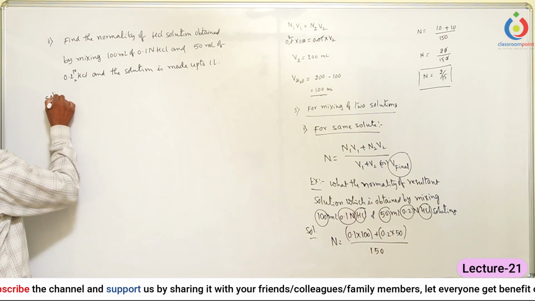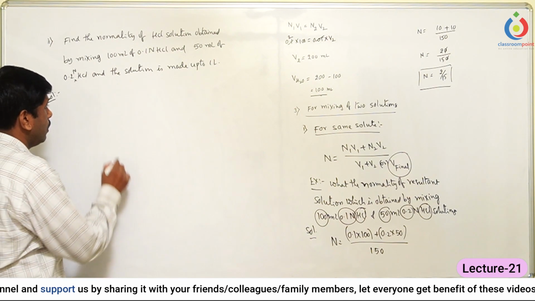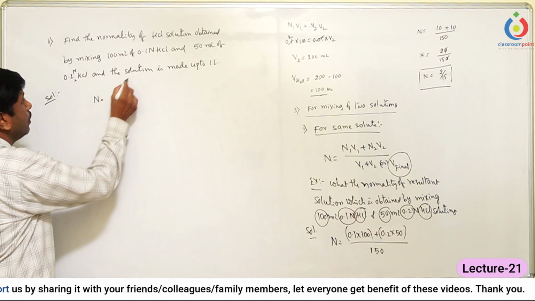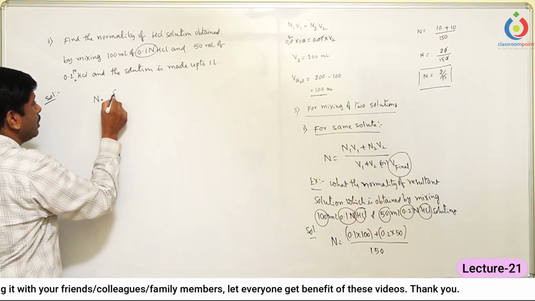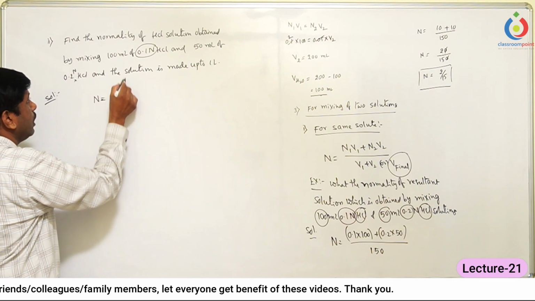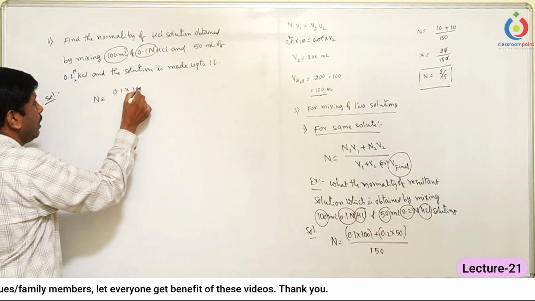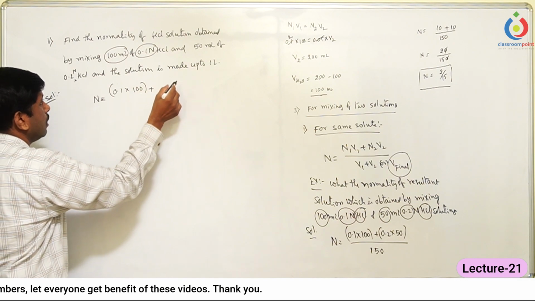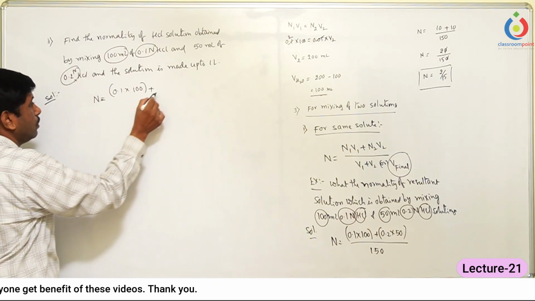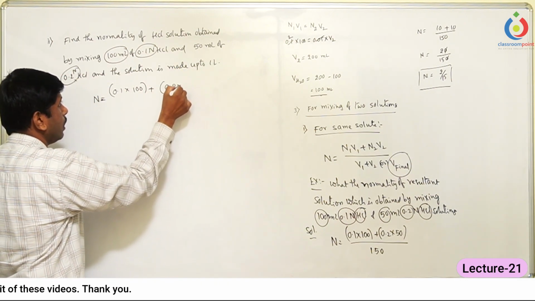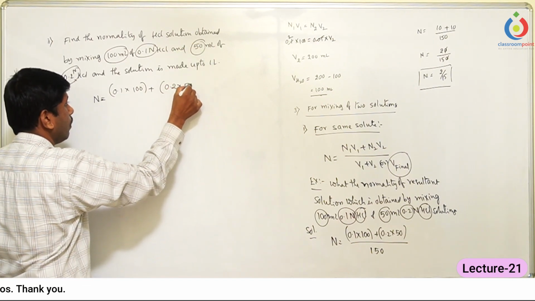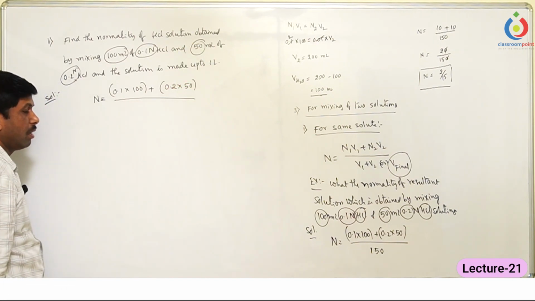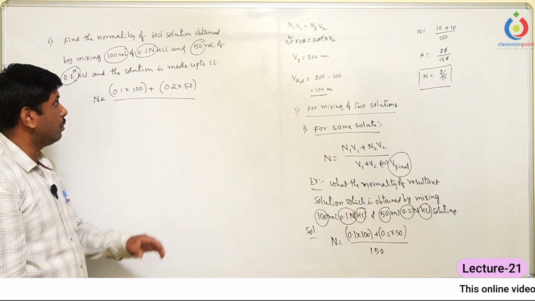In this case, how do we use the formula? Normality equals the initial N1 value 0.1 into its volume 100 ml, plus the second value 0.2 into its volume 50 ml. Now we cannot take V1 plus V2. Why?